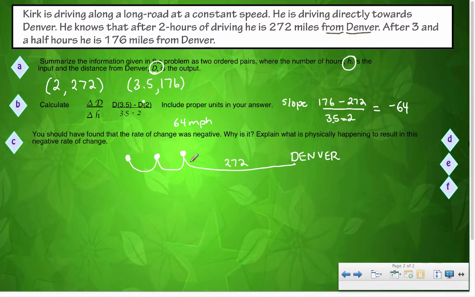But then if he goes 3.5 hours, so he goes another hour and a half, that distance to Denver is 176. So the distance is getting smaller, so that's why it's negative.